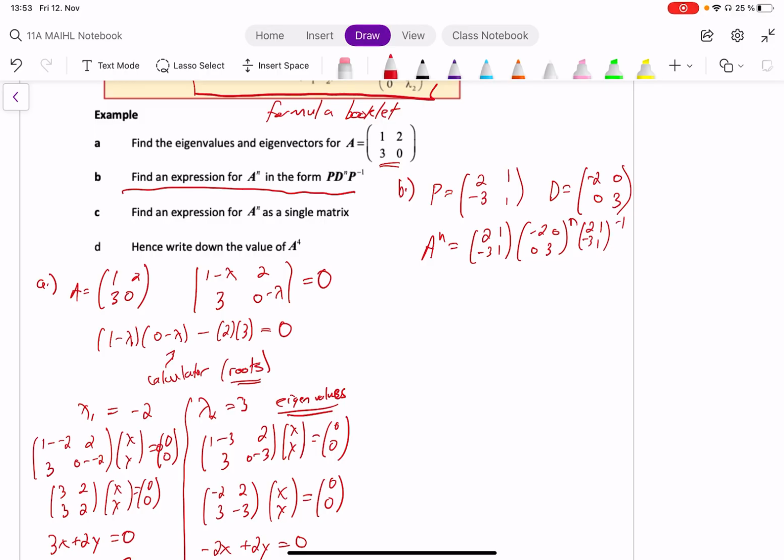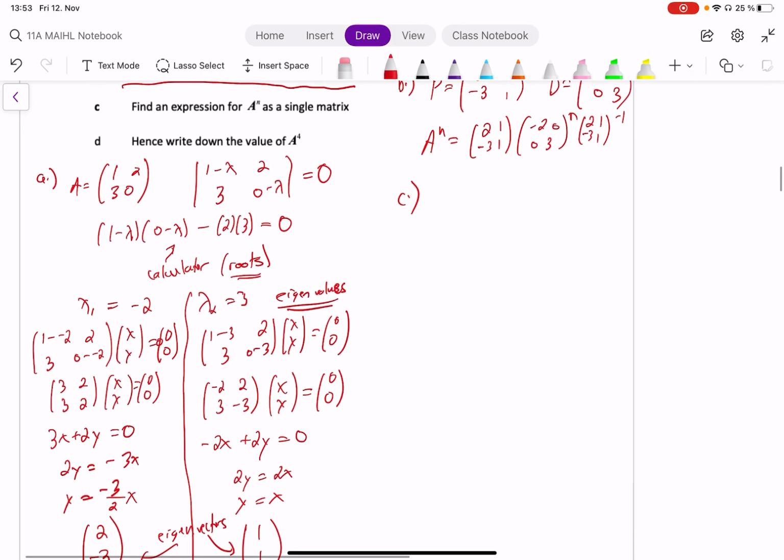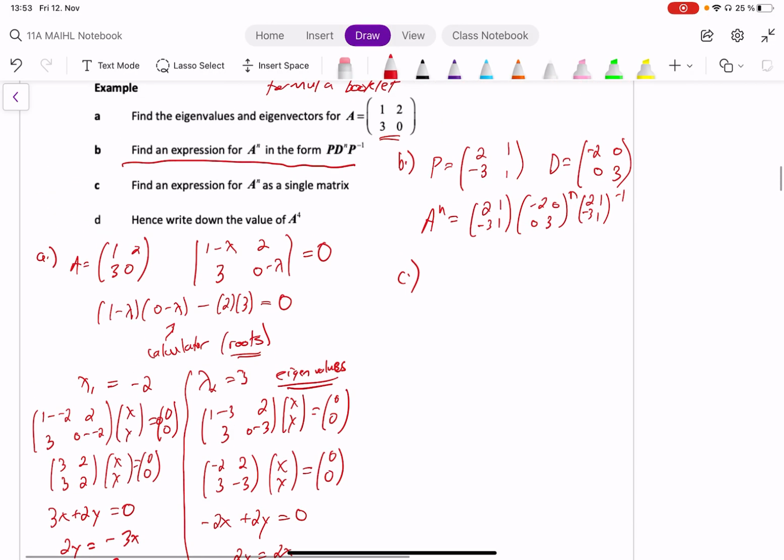All right, so that's answering part B. Find an expression, A to the n, in this form. Done. Found it. Part C says now, let's write that thing as a single matrix. This is where we have to do all that algebra again, right? Kind of showing that if I do all this algebra, I will get an expression in terms of n's, where I have a value for A to the n.